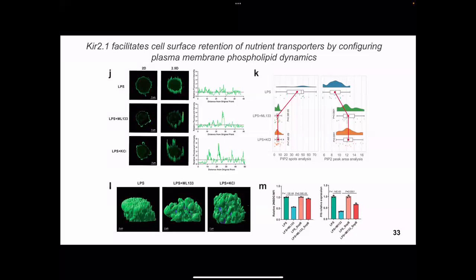More importantly, the ML133-induced decrease in glucose uptake and IL-1 beta production can be restored by expression of the lipid phosphatase Sac1, which is an efficient means to deplete PIP2. So this data suggests a critical regulation by KIR 2.1 mediated membrane potential, largely by modulating membrane phospholipid dynamics for the surface retention of nutrient transporters. This can ensure the nutrient acquisition of macrophages to fuel inflammation.